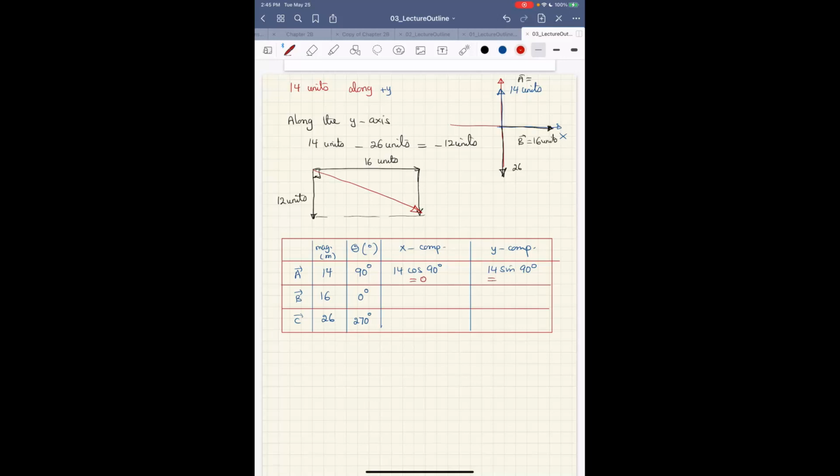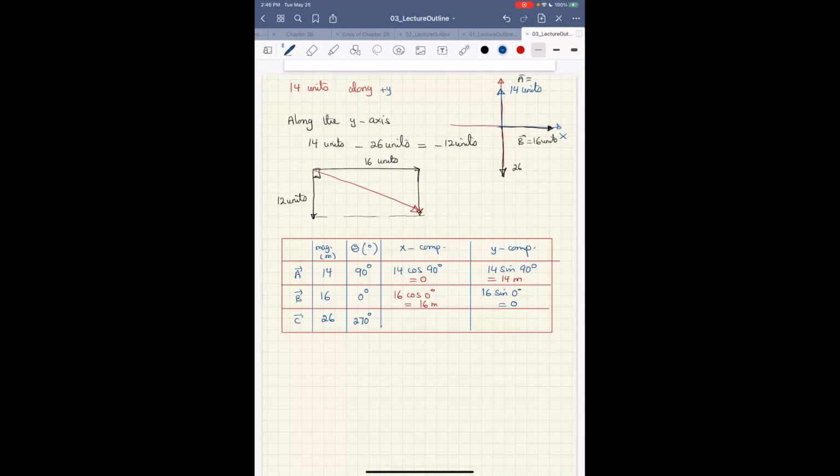Sine 90 is 1, then it's going to give you 14. Here B is 16 cosine 0. Cosine 0 is 1, then this one is going to be 16 meters. And here 16 sine 0, and sine 0 is 0.